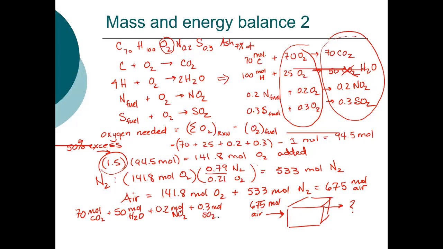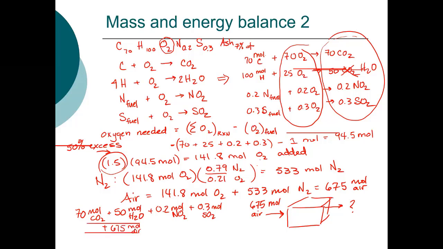Now we're adding, that's what we're producing just from the reactions of the coal with oxygen. We're also adding the 675 moles of air.